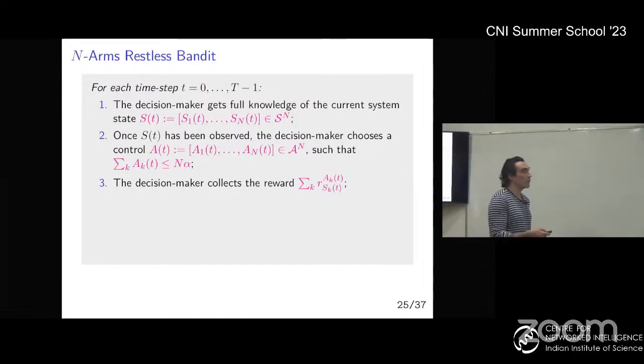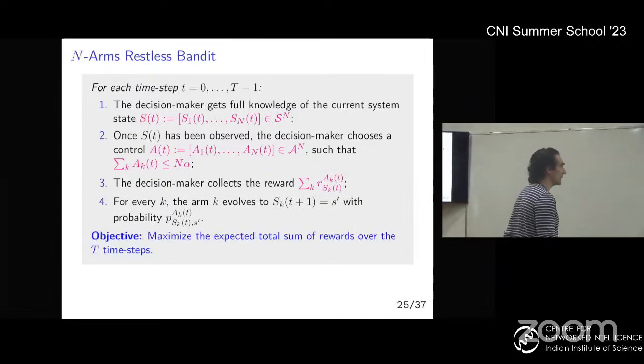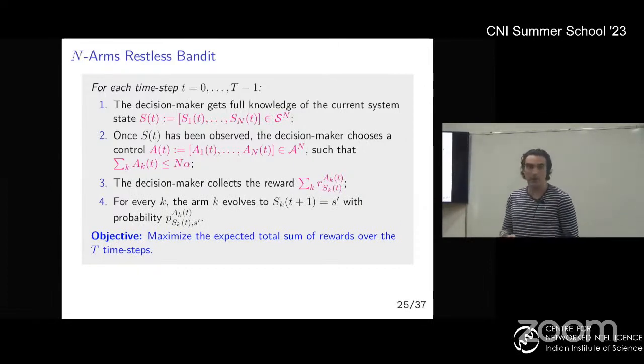You are not obliged to take separable reward in every arm. And then what's happening is that every Markov chain is evolving with the probability of being in state s and action a. Okay. And the objective is to maximize the expected total sum of reward over finite horizon.